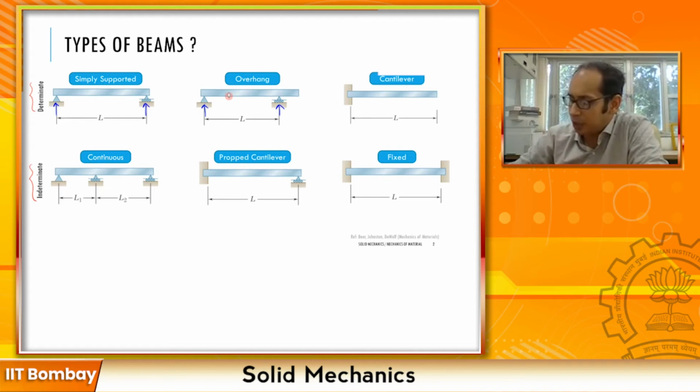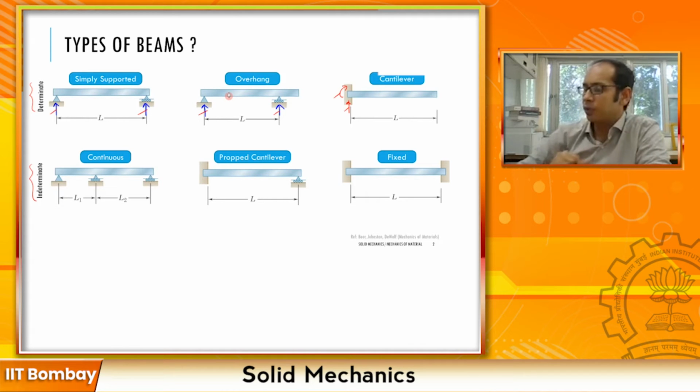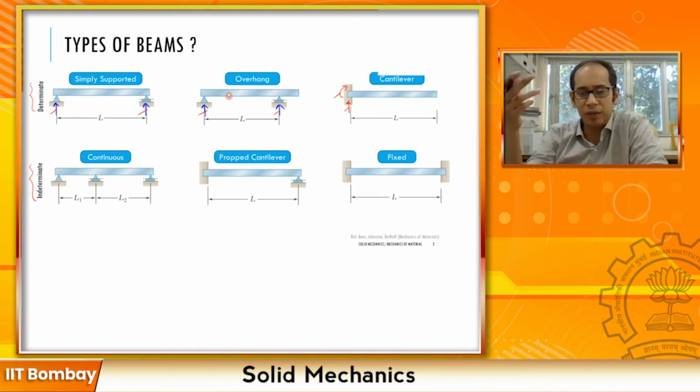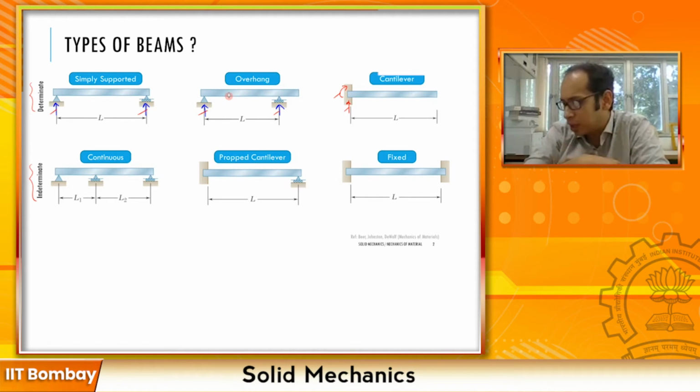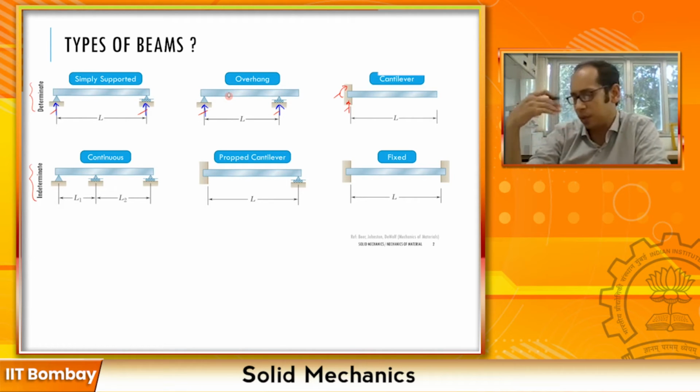Even for the cantilever beam you will have a reaction and a moment over here, and reactions are typically drawn with a marked line, right? So you will have these reactions and the corresponding two equations of equilibrium, which are easy to solve for these ones.